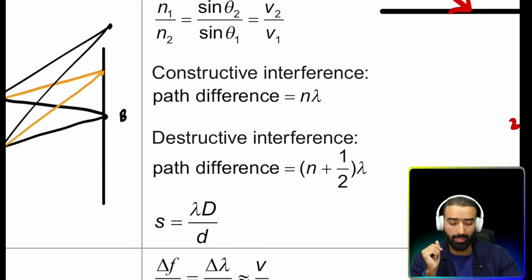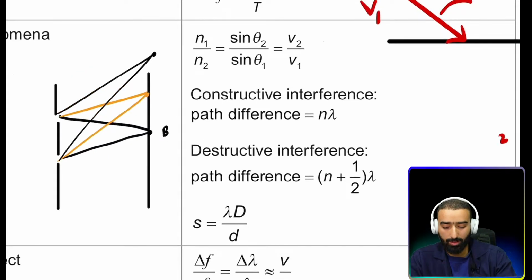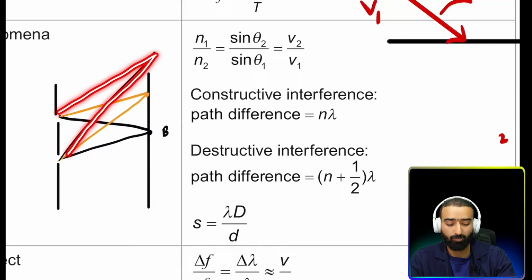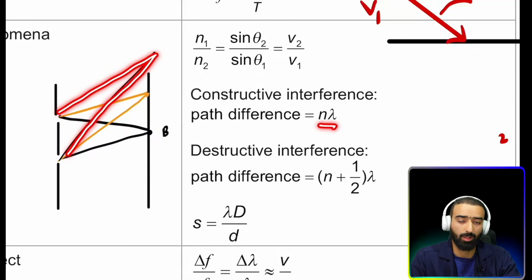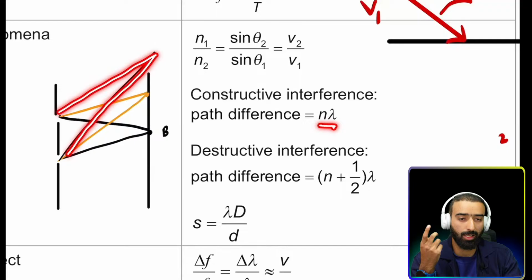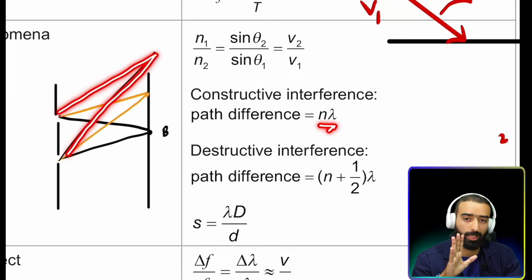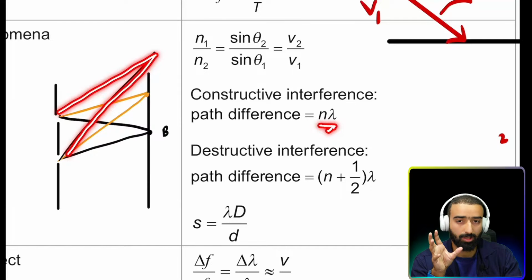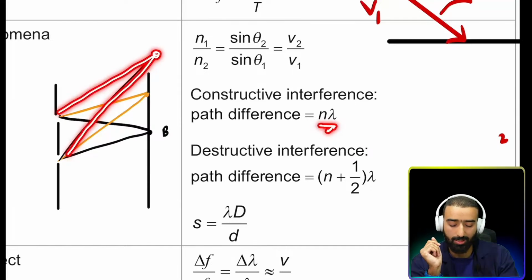The rule is that whenever the path difference between these two rays is an integer multiple of lambda, if the path difference is 1 lambda, 2 lambda, 3 lambda, 4 lambda, or any integer lambda, you're going to get constructive interference. Constructive interference means a bright spot.